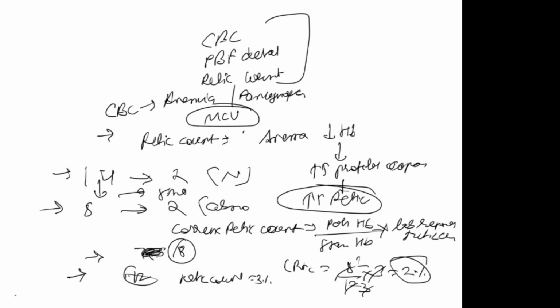Now, the corrected reticulocyte count will be further modified by the reticulocyte production index. What is the reticulocyte production index? Suppose the patient is having hemoglobin of 6. His bone marrow is proliferating, so bone marrow will proliferate more.